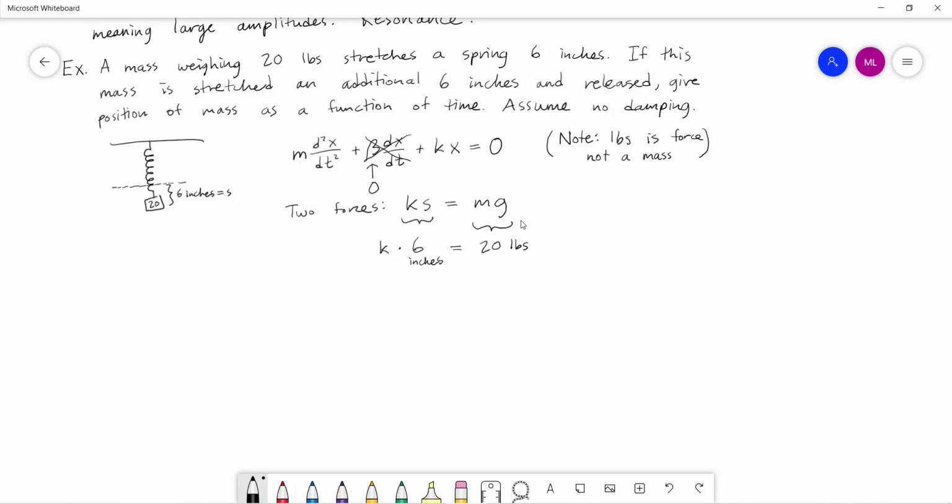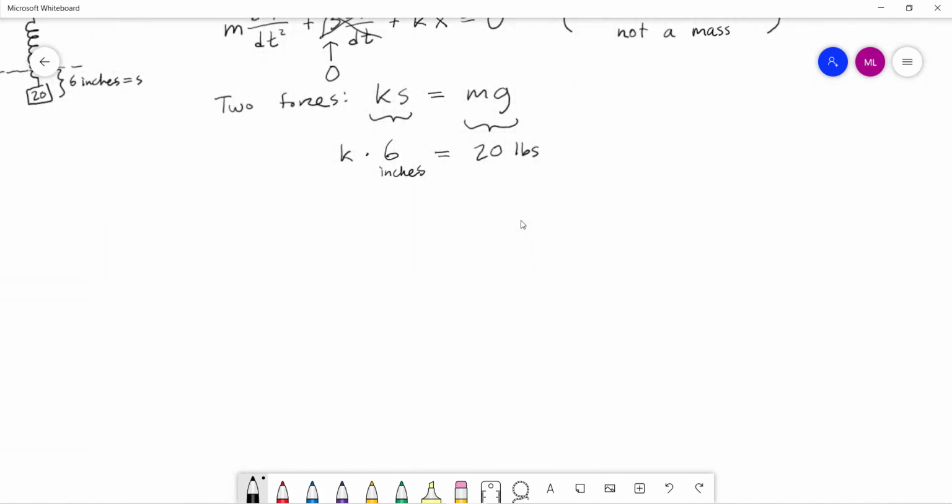And again, just keep in mind that's inches. So what are our units for k? The force of gravity was 20 pounds pulling down. The force of our spring was k times s, where s, the length that had been stretched, was 6 inches. If I divide both sides by 6 inches, we're going to get 20 over 6 with units of pounds per inch.